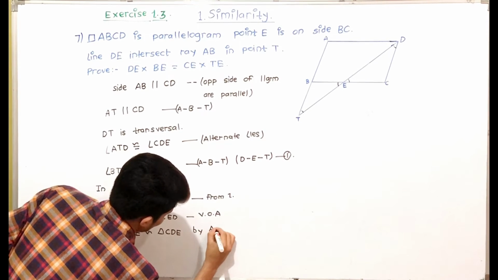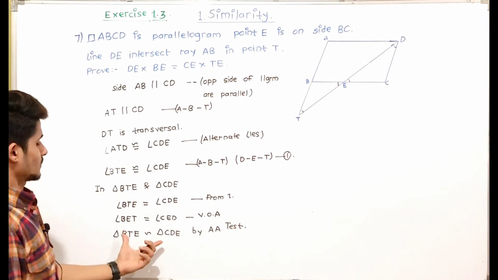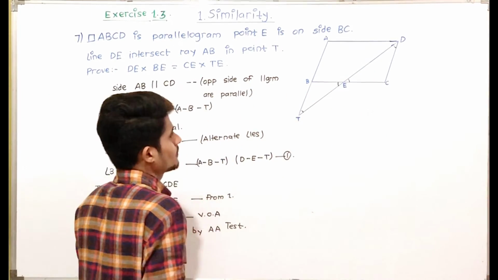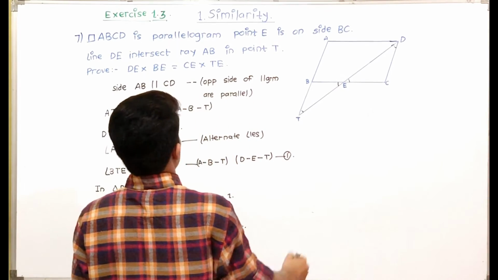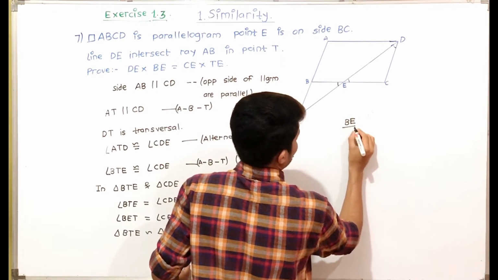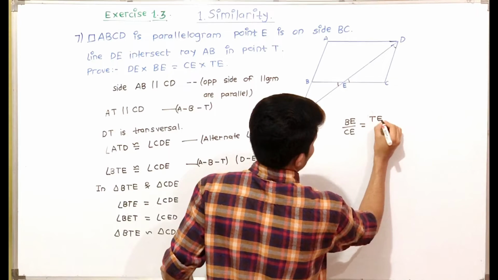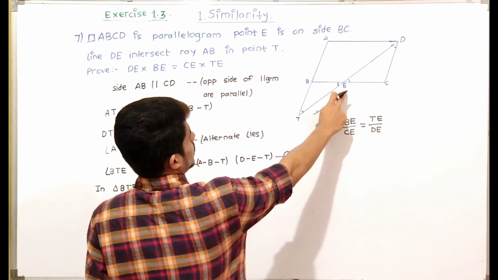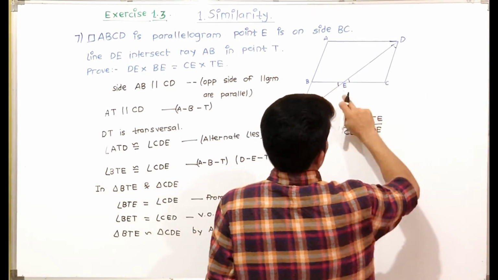Once the triangles are similar, we will take the corresponding sides in proportion. That is, BE upon CE is equal to TE upon DE.